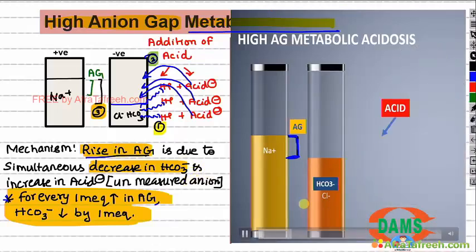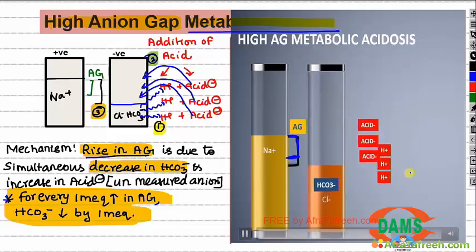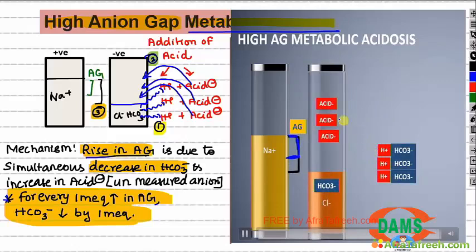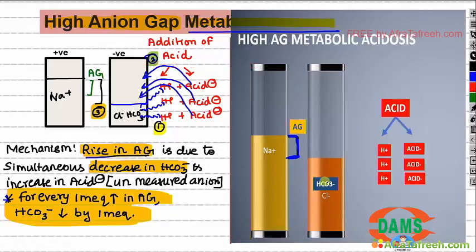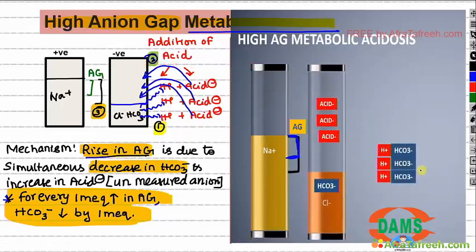You go through these three events. Event number 1, bicarbonate consumed as buffer, acid anion added to the unmeasured compartment, both put together have significantly increased the anion gap. Once again, after addition of acid, three important events: bicarbonate consumed as buffer, acid anion being added here. Because of these two, anion gap has significantly increased.